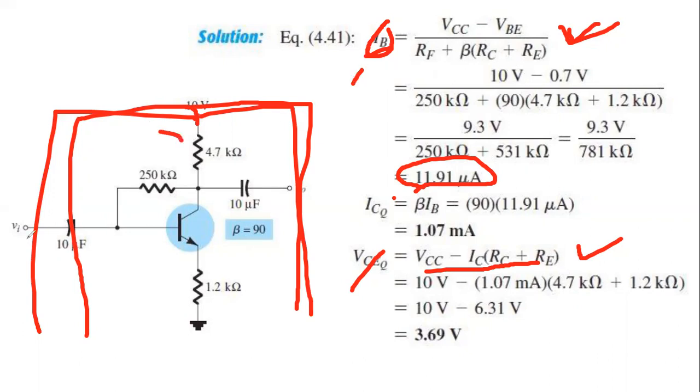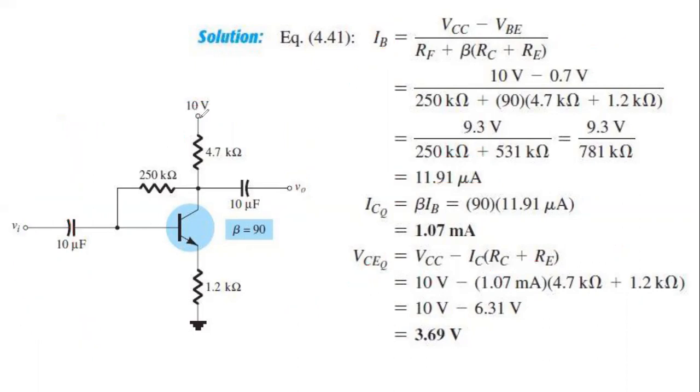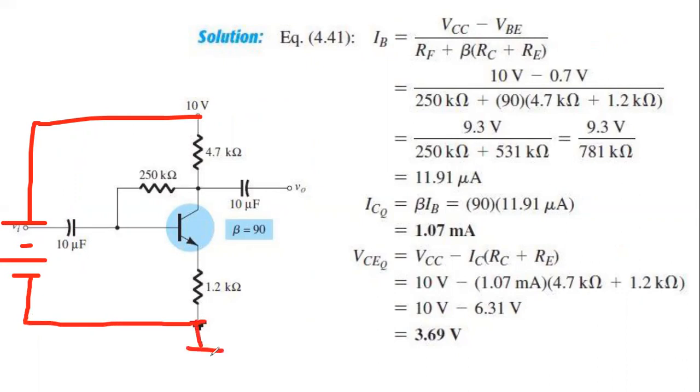Apply the KVL equation on this side. Everyone, open your paper and pen and apply this. This will be the 10 volt, and also draw the circuit connected with the ground. Apply this KVL and find the IB equation. It will be exactly the same, and the value of IB is 11.91 microampere. I'm giving you 5 minutes.